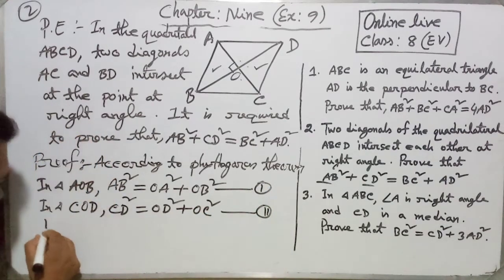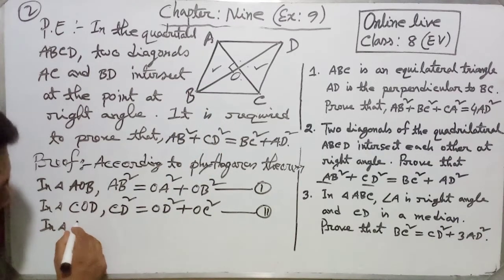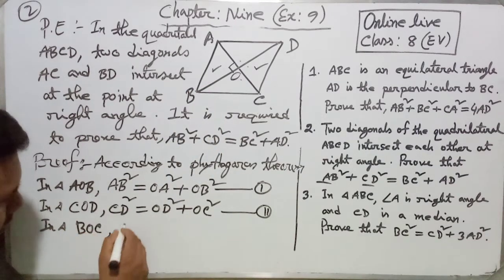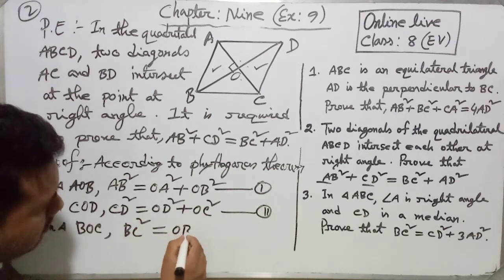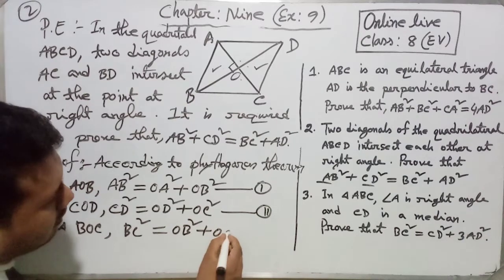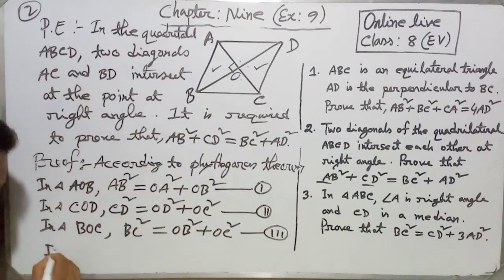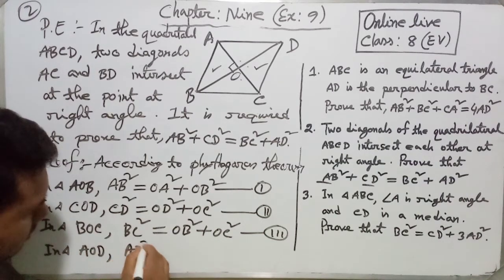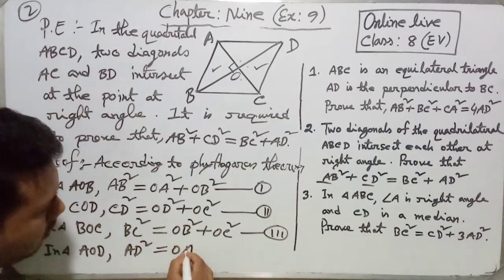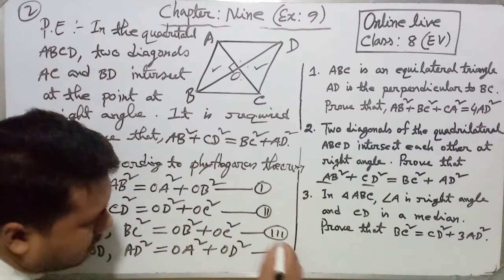Clear? Now in triangle BOC, we can write BC square equal OB square plus OC square. And in triangle AOD, we can write AD square, it will be OA square plus OD square. This is our equation number 4.